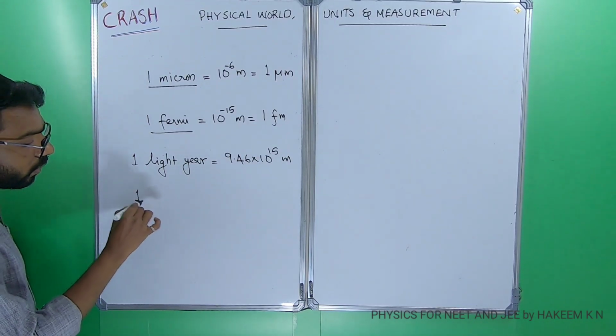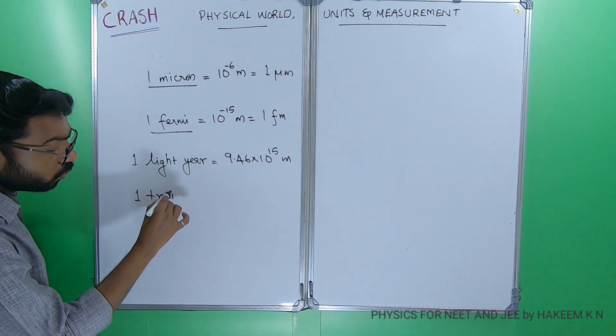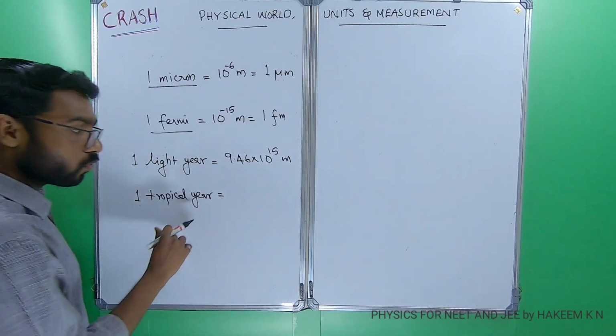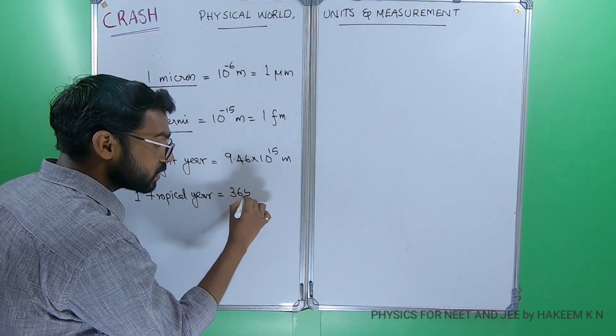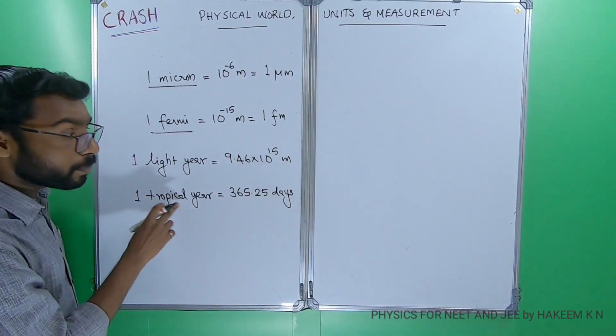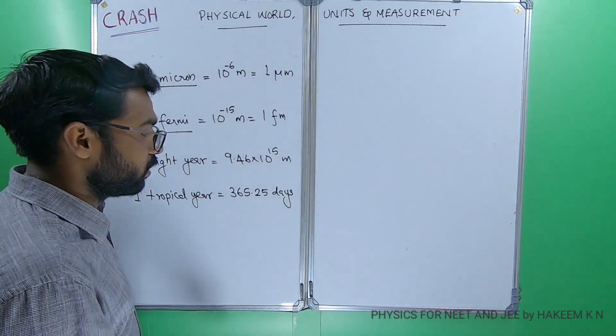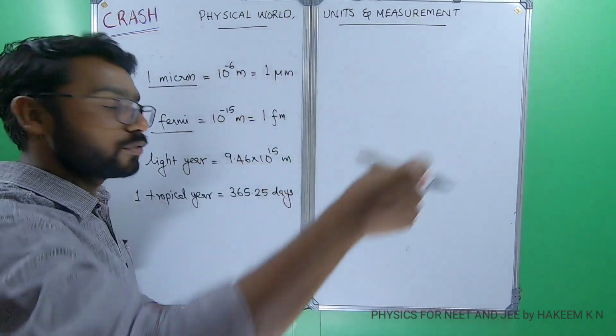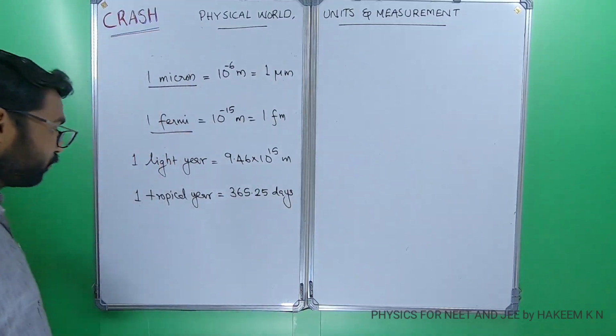But you have heard of the tropical year. What is a tropical year? Tropical year is 365.25 days. Tropical year is a unit of time. It indicates the time taken for one revolution of Earth around the sun.